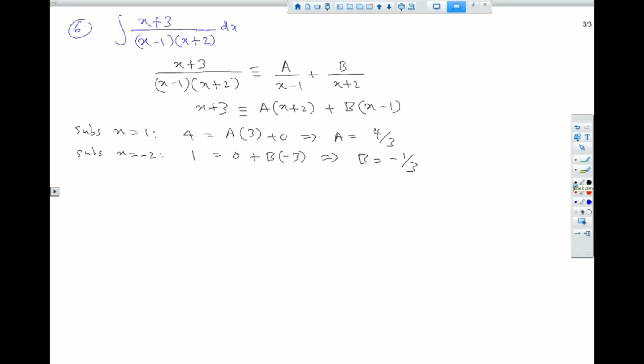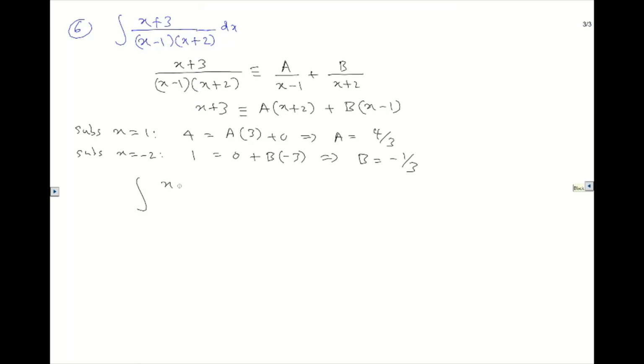So now what's going to happen is your integral of (x plus 3) over (x minus 1)(x plus 2) dx is simply equal to 4/3 times the integral of 1 over (x minus 1) dx, minus 1/3, that's the constant, we write it outside, times the integral of 1 over (x plus 2).